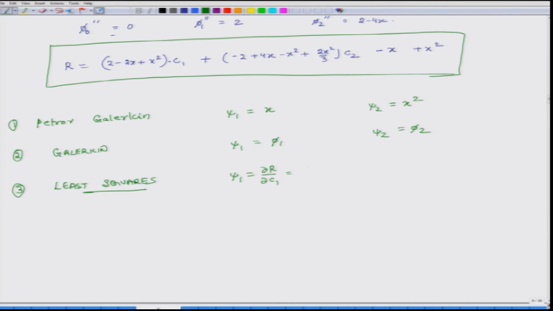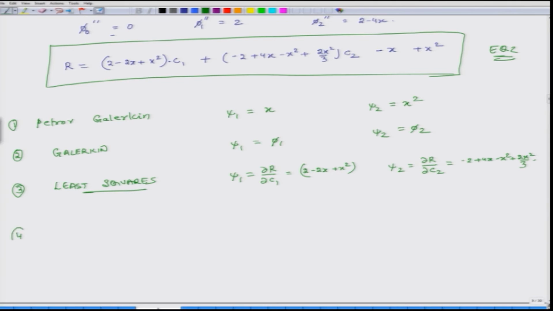So, this is equal to 2 minus 2x plus x square. How did I get this? From equation 2. Okay. And psi 2 is equal to partial of r by C2, and this is equal to minus 2 plus 4x minus x square plus 2x square by 3. Okay.